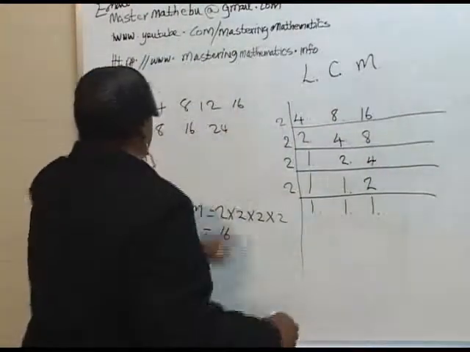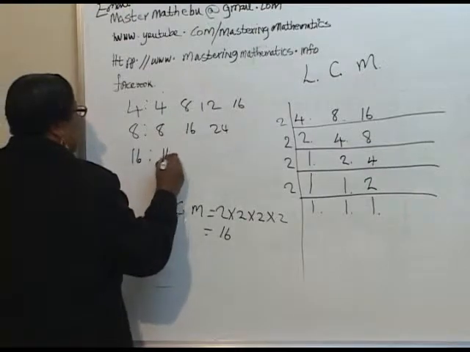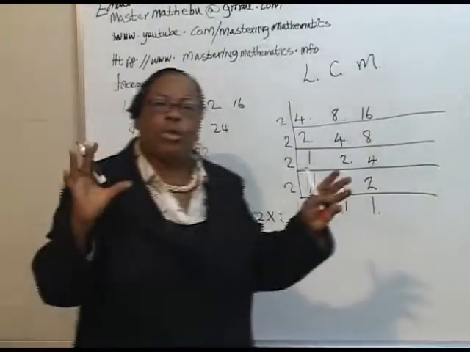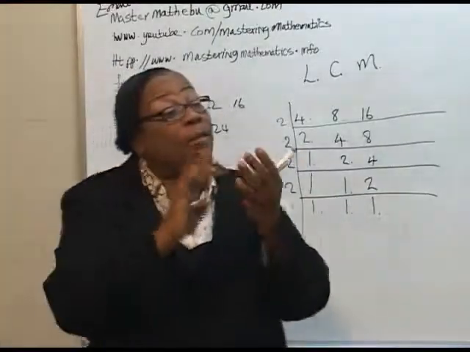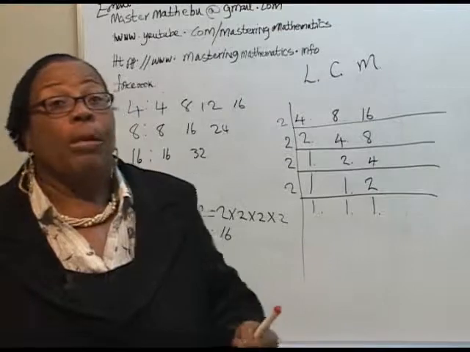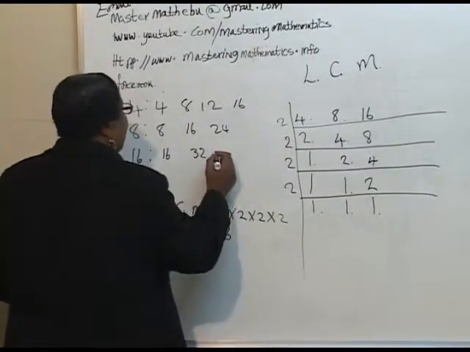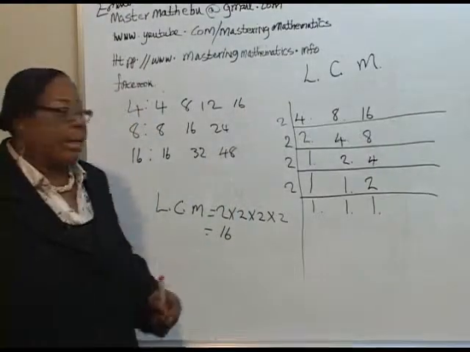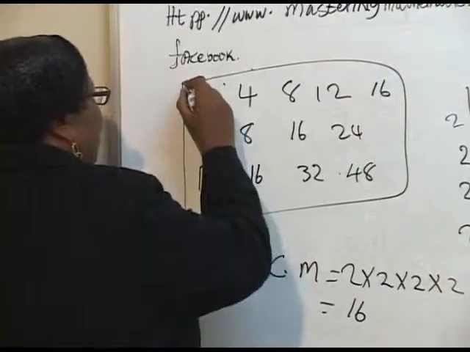If I have a number 16 here, look at what that is going to be: 16, and then 32. How many fingers do they have to count to go all the way up? You see them counting on their little fingers. There's nothing wrong with that. But they can't manage if you ask them to do something like this and go all the way up to 48. So that is why I don't want this method for them, especially as far as our grade 3.